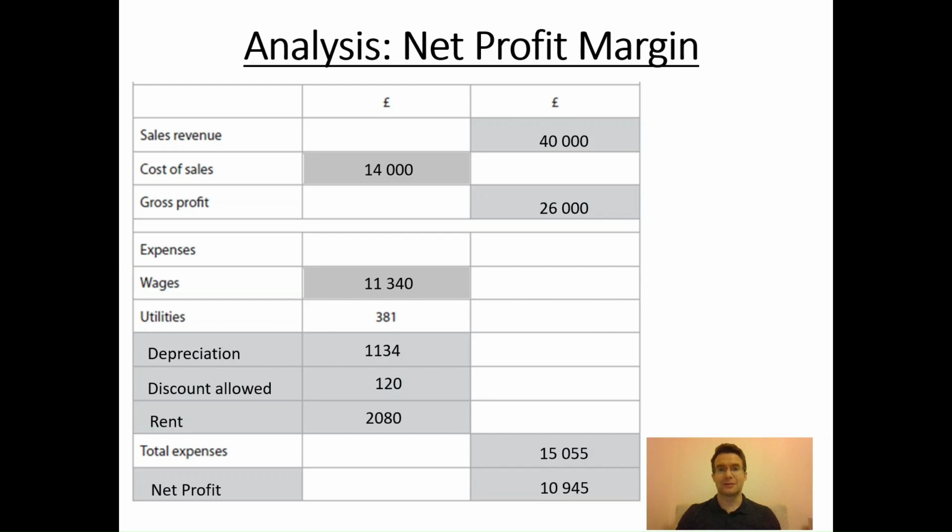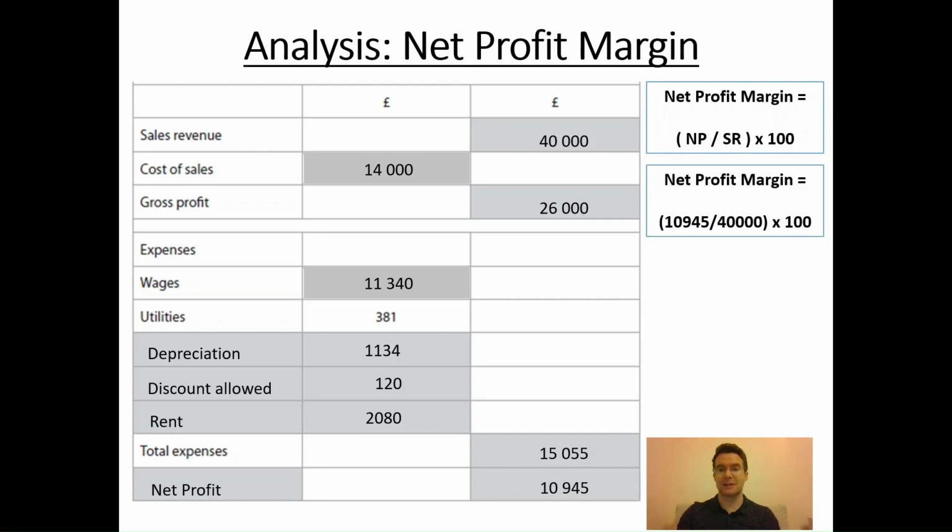The second method of analysis you may wish to use is by calculating the net profit margin. Similar to gross profit margin, but rather than the gross profit figure, we use the net profit figure. So the formula is as follows. Net profit margin equals net profit divided by sales revenue times by 100.